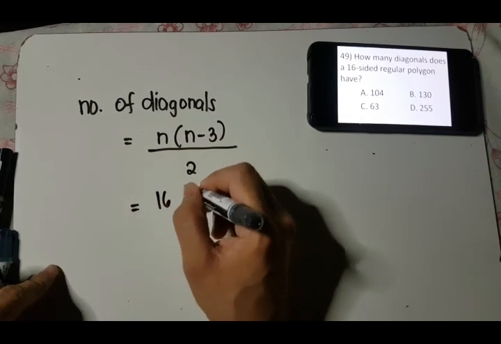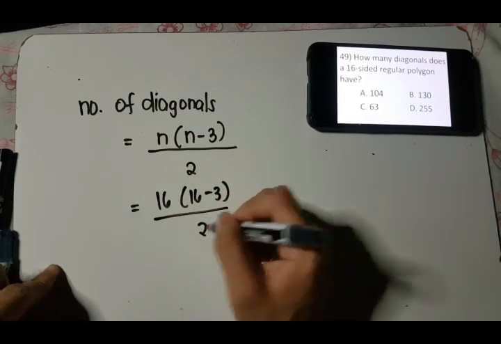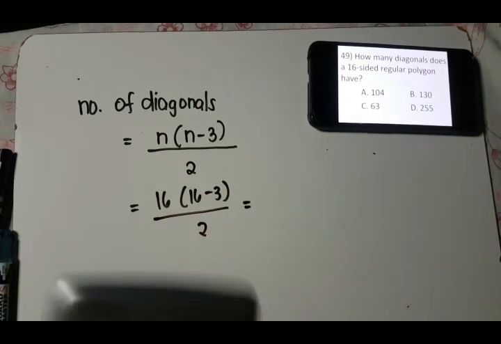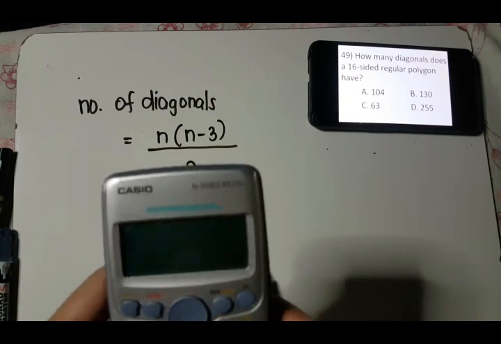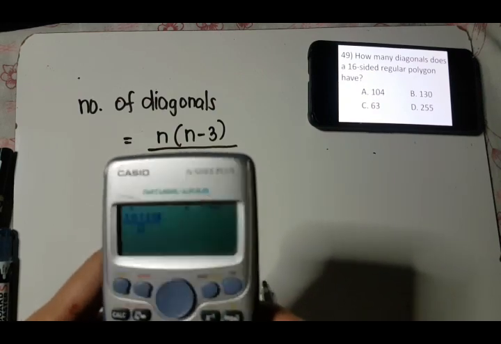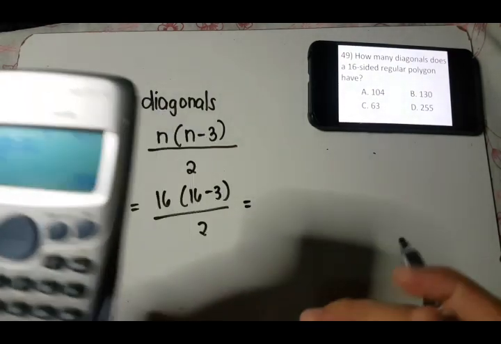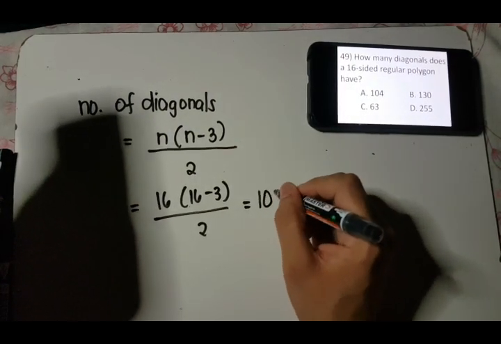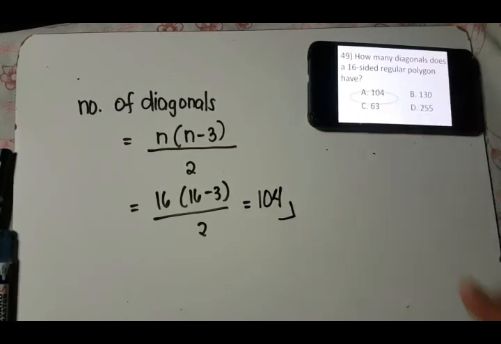So, 16 times (16 minus 3) over 2. Let's just use your calculator. So, 16 times 16 minus 3 over 2. Answer here is 104. Letter A.